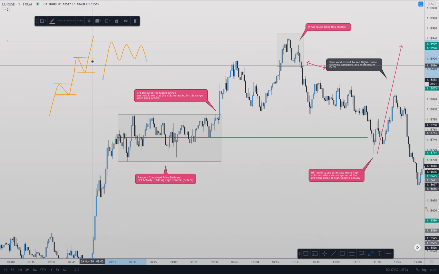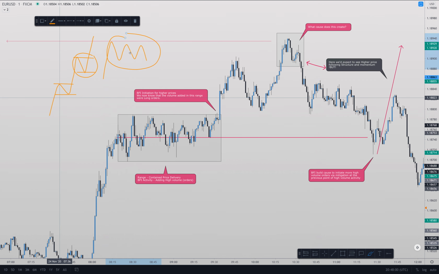Now, the difference between these two different pieces of price delivery is time, essentially. So price spent less time in this range and spent more time in this range.